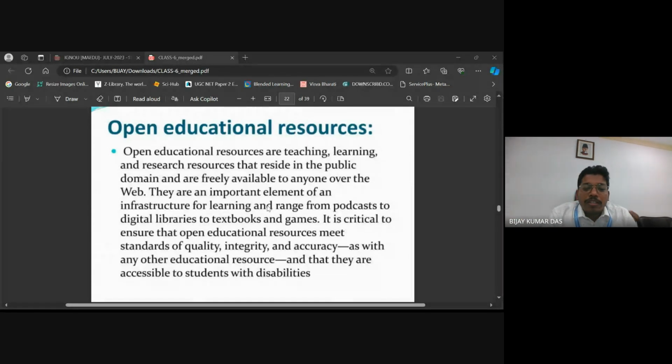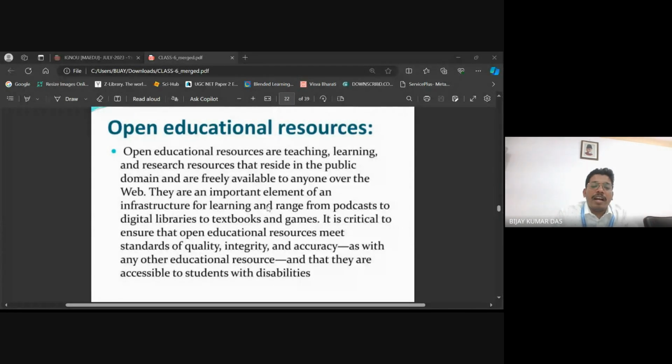So open educational resources are teaching, learning, and research resources that reside in the public domain, and they are freely available to anyone over any platform, any web. Those are free of any cost over the web.